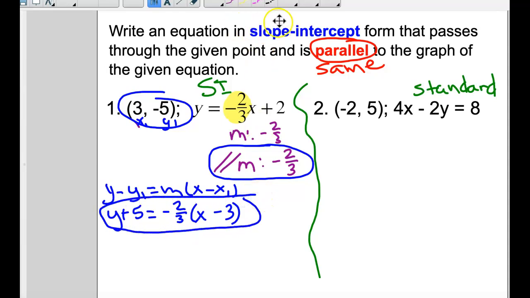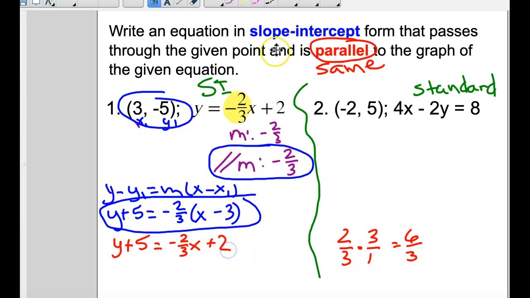And then if I want to turn my final answer into slope-intercept like the directions are saying, right, I have to drop my left side, distribute on the right side. The first part of the distributing is the easy part, -2/3 times x. A negative times a negative would make this a positive. And if I pause and think 2/3 times 3, and don't panic because it's a fraction, I'd have 6/3, and 6/3 gives me 2.